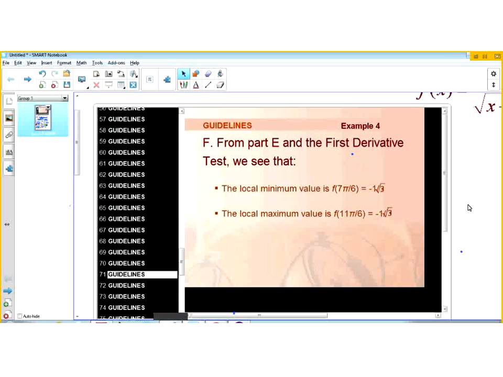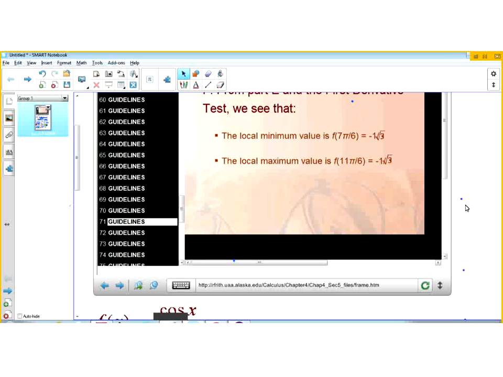All right, so now we've got the local min, local max from 0 to 2 pi. By the way, you do realize that these abscissas are periodic in 2 pi, right? So we're going to have another local min at 7 pi over 6 plus 2n pi. We're going to have an infinite number of local minimum values, and an infinite number of local maximum abscissas.